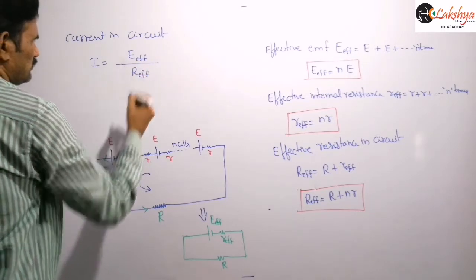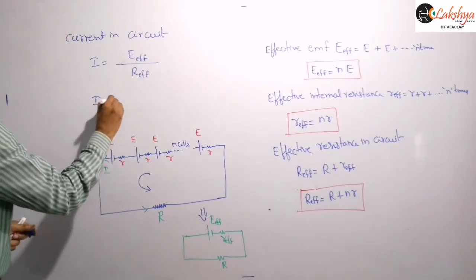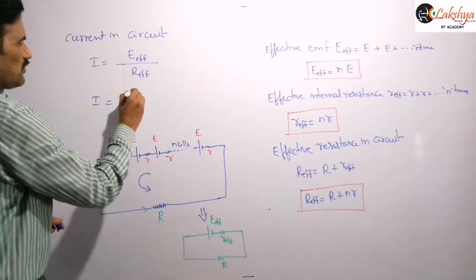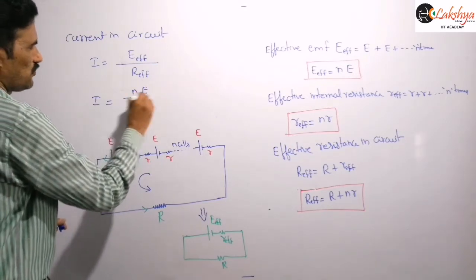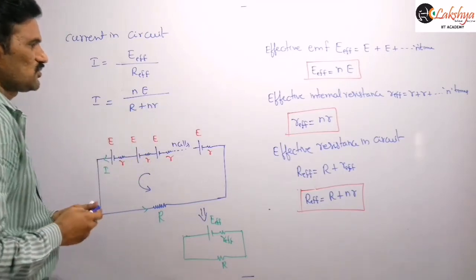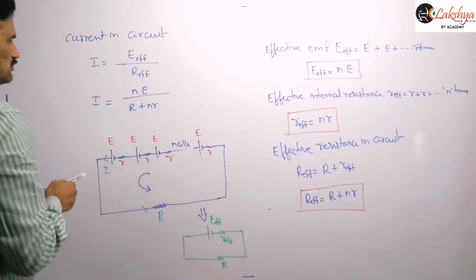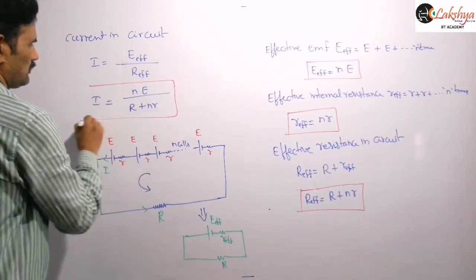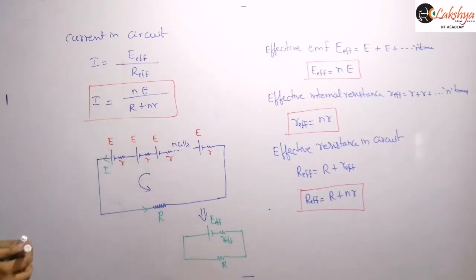Therefore I is equal to n times E by R plus nr. So it is the effective current flowing in that circuit, right?